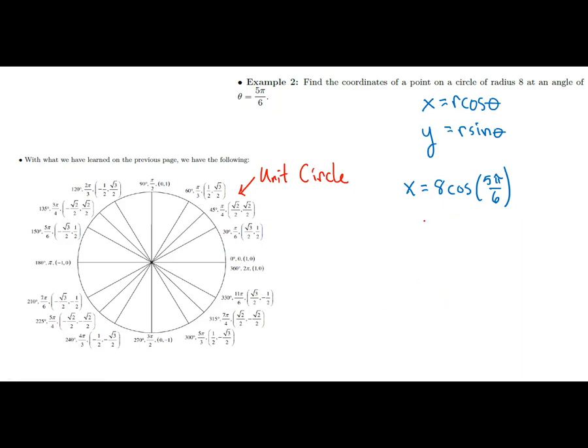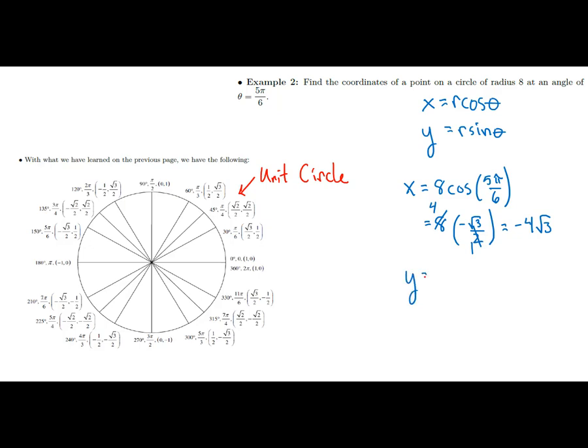So I can write in here 8 times negative square root of 3/2. And that can simplify, right? I can do a little bit of canceling here. So 4 times negative root 3 is negative 4 square root of 3.